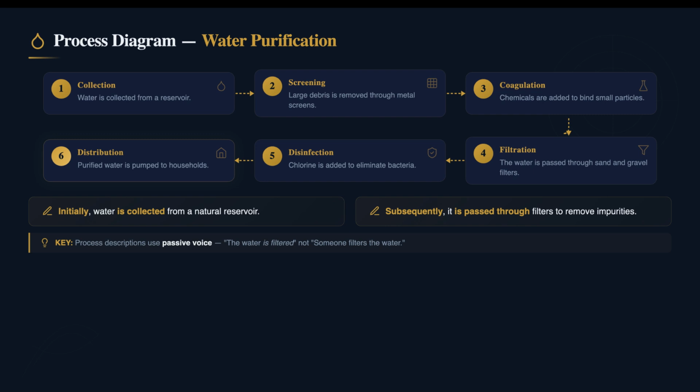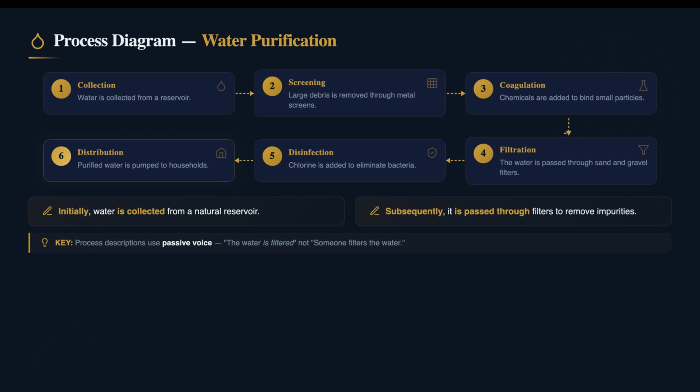Okay, let's have a look at this process diagram example. I want you to look at this water purification process and stages process diagram. If you have a look at it, you will see that there are six main stages of the process.